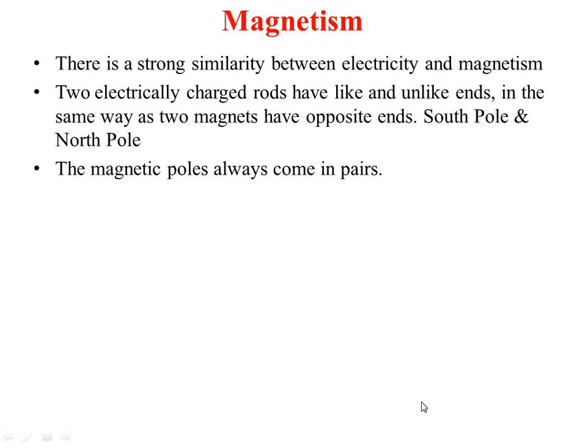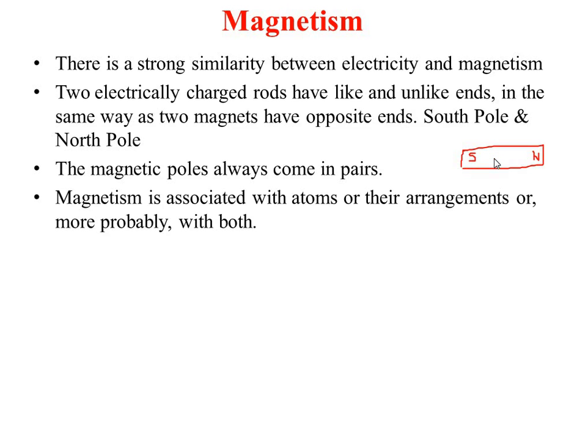Whenever you take a magnetic bar and say one end is an S pole, obviously the other end will be the north pole. It always comes in a south and north pair.